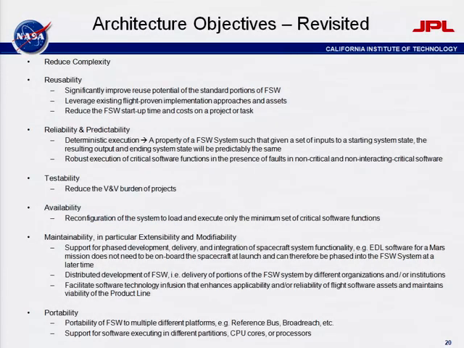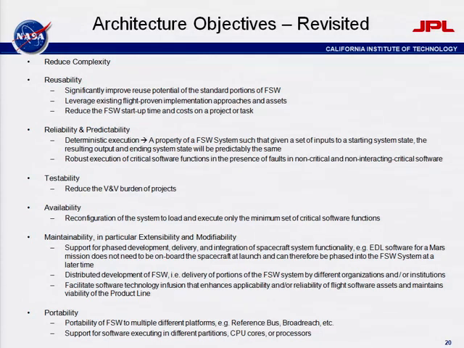So if we take a look back at the architecture objectives that we had, I think you'll see that we've really achieved what we set out to accomplish. A great reduction in complexity by very strict layering and componentization rules. Reusability.